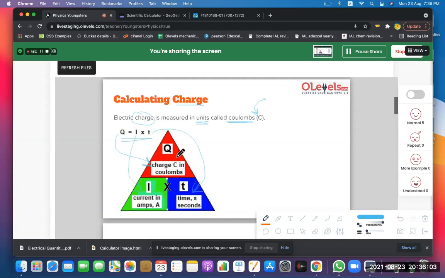So make sure you know the unit of charge is coulombs, the unit of current is amperes, and the time t is in seconds.